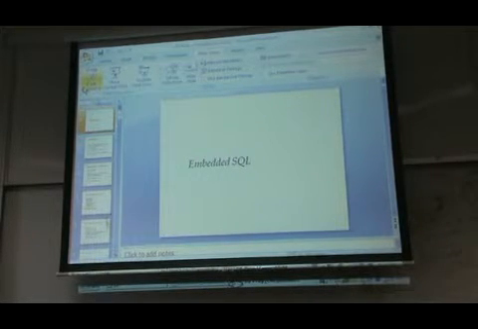CHAR is a fixed length character. Character is fixed. VARCHAR and VARCHAR2, both of them are flexible.